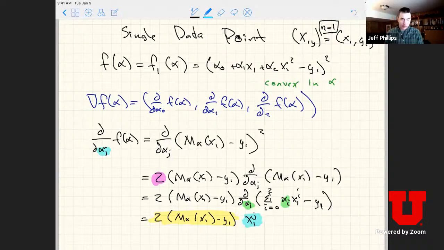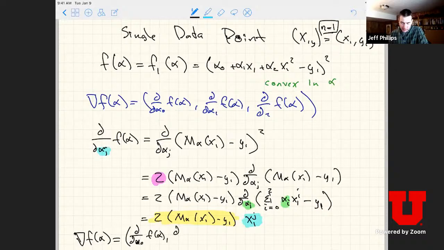Okay, now if we put this back together, we can write out the whole gradient of f of alpha. Remember, it is the partial derivative with respect to alpha 0 of f of alpha, the partial derivative with respect to alpha 1, and the partial derivative with respect to alpha 2.